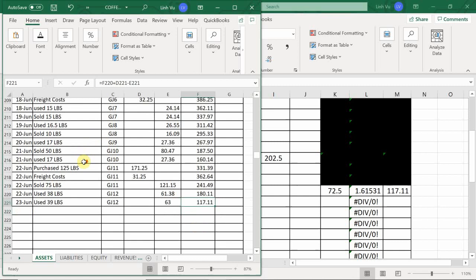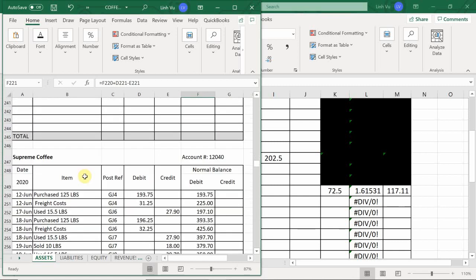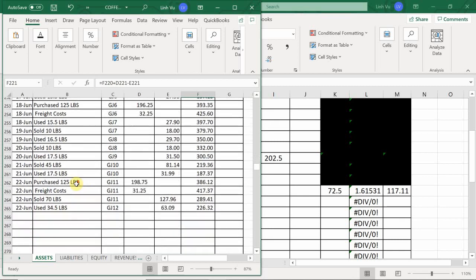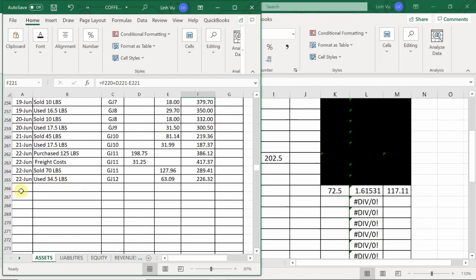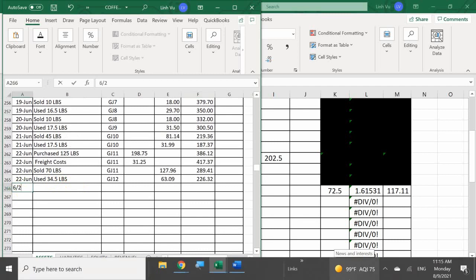Okay. And then I'm going to add in my Supreme coffee, 6/23, which we used 36 pounds.